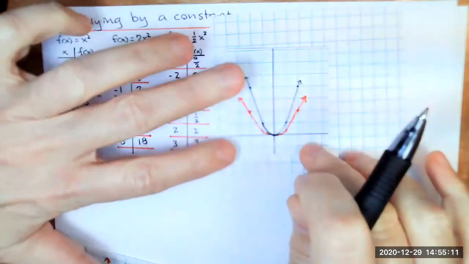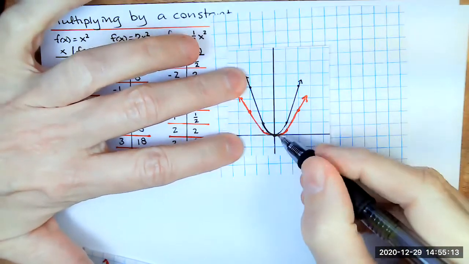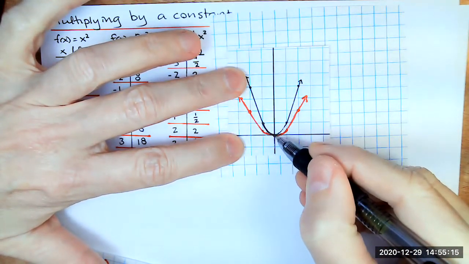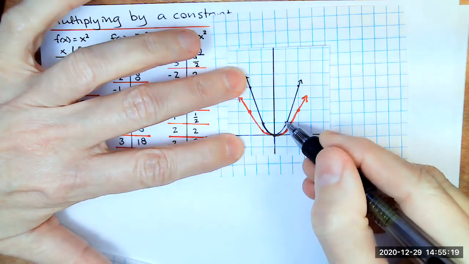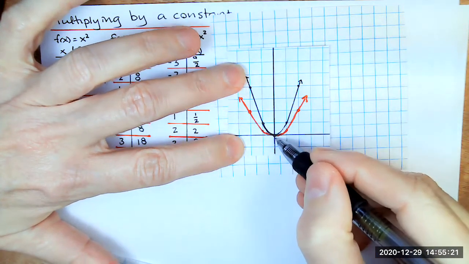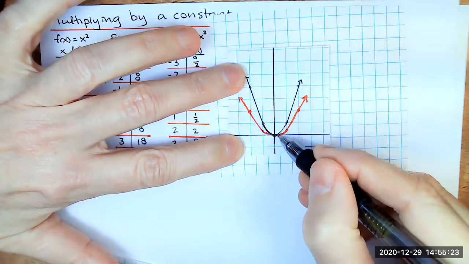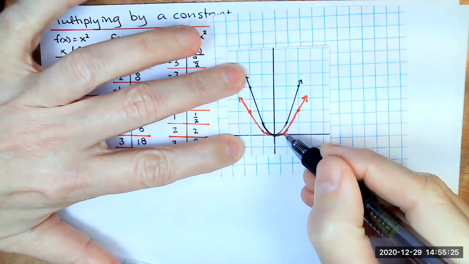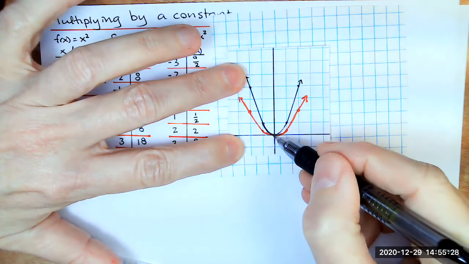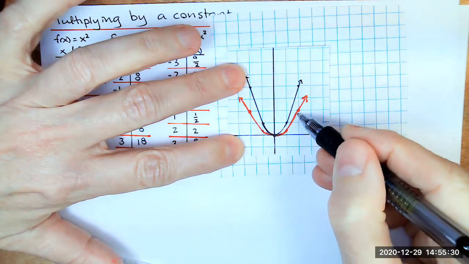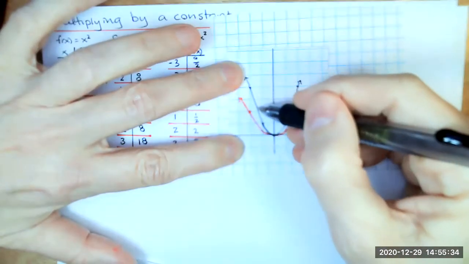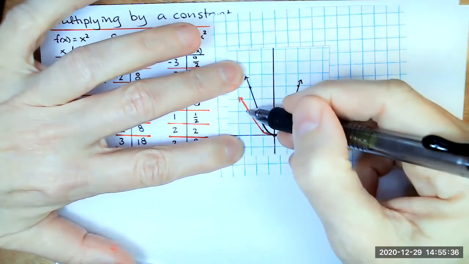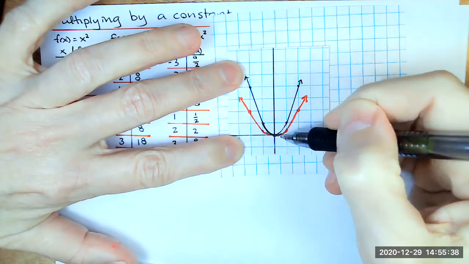And in terms of the average rate of change between x equals 0 and x equals 1, for the original graph it would have been 1. And now the average rate of change for the same interval is 1/2. So you could say this function is increasing half as fast, or when it's decreasing, half as fast.